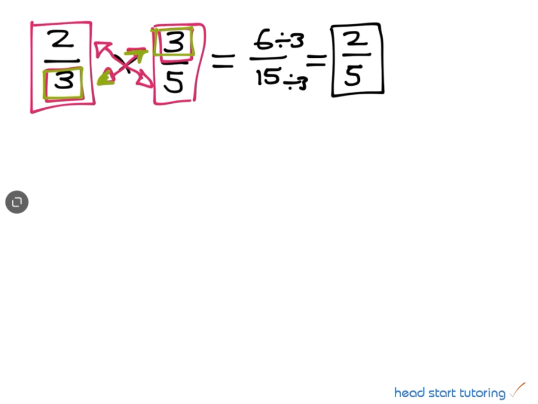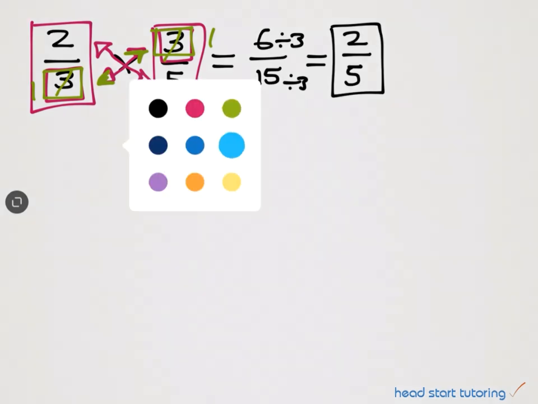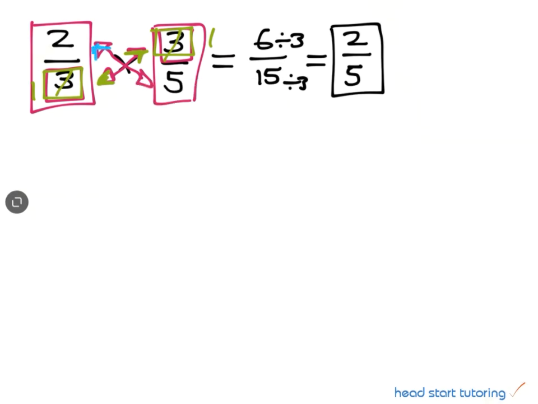So we see whether we have a common factor there, which we know we do, because 3 fits into 3 once and 3 fits into 3 once as well. So then we have a look at our 2, because we've got an arrow pointing at our 2 with the same line pointing at our 5.